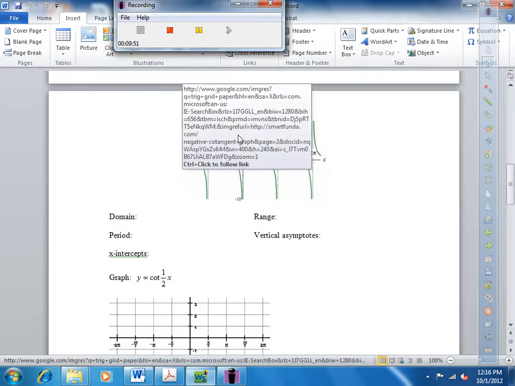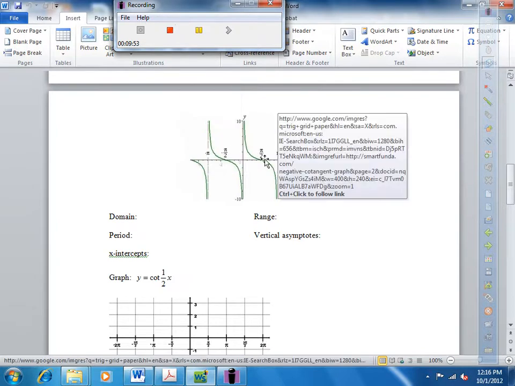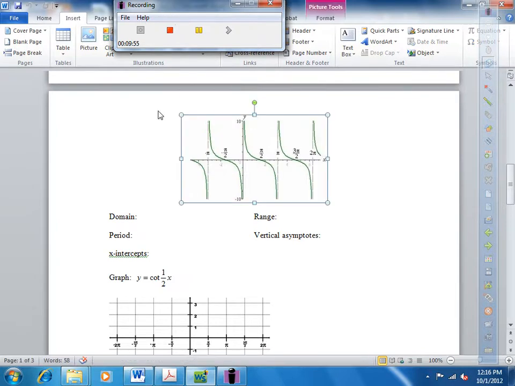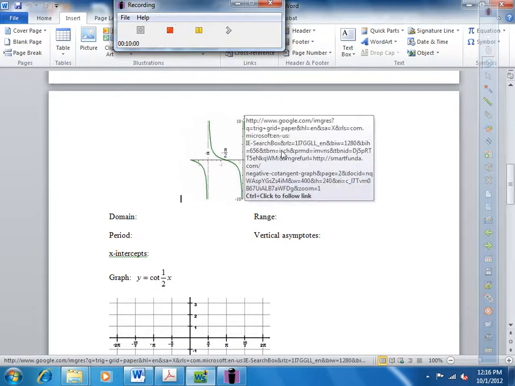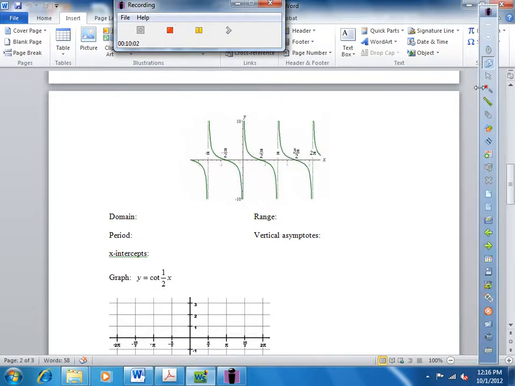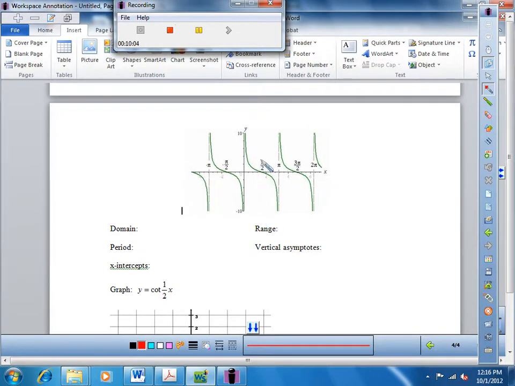So if I took tangent and moved it left pi over 2 and made it negative, then it'll look like that.